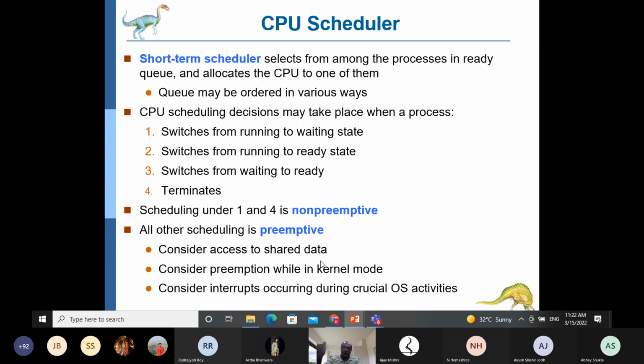And sometimes the kernel routines are being executed by the CPU, and during the execution of a kernel routine also, preemption may occur. That means some signal or interrupt may arrive.